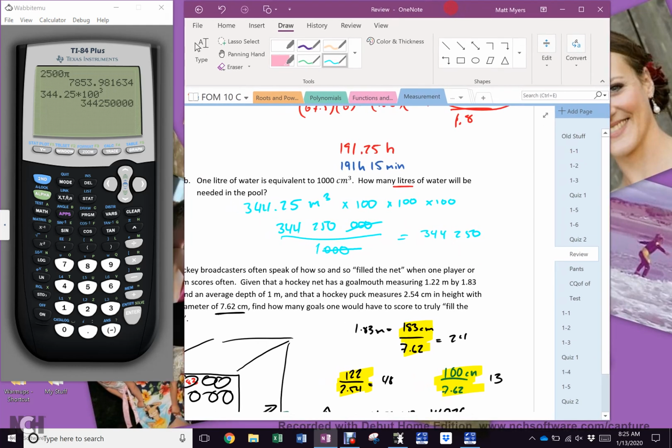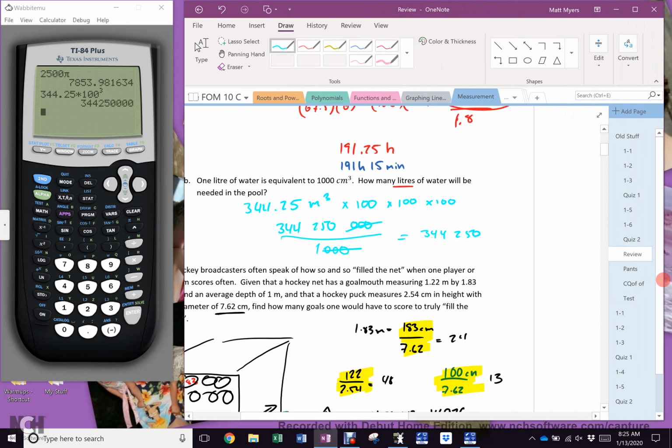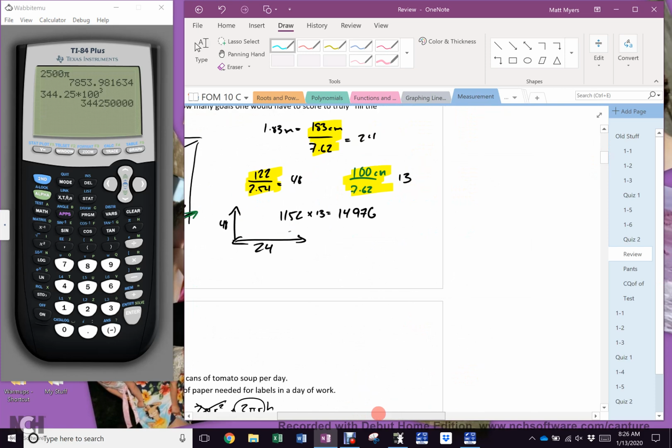Next question. And my good friend Braden worked very hard on this question. But, and it's not just him, everybody makes the same mistake. Everybody thinks it's volume, right? Because you're filling the net, yes? So, it's not really, and I'm about to show you why.